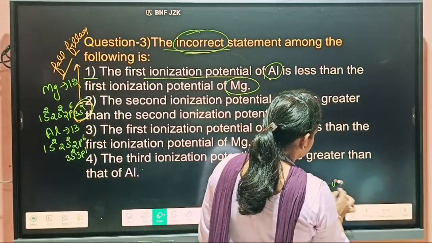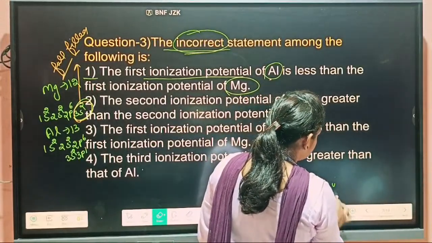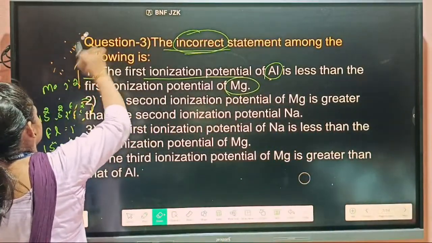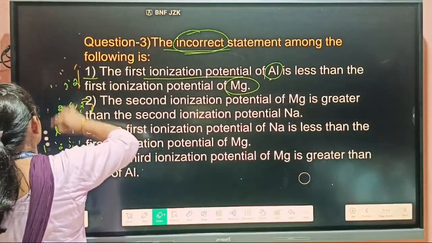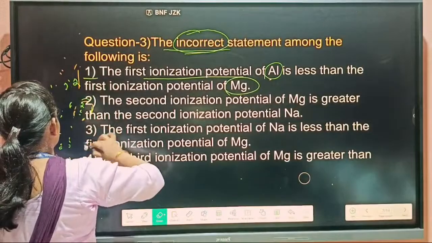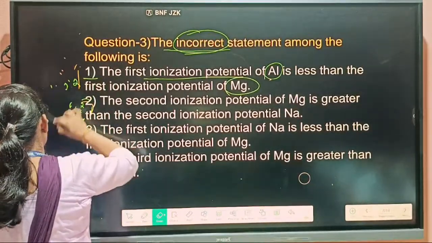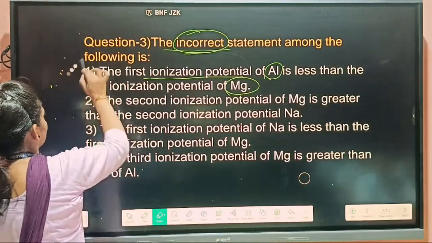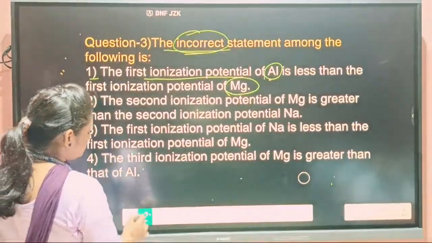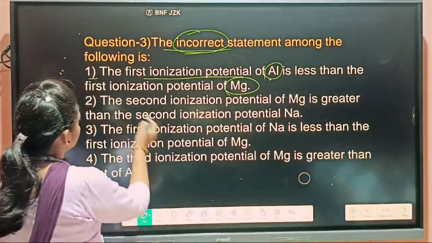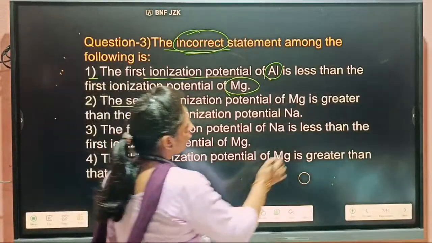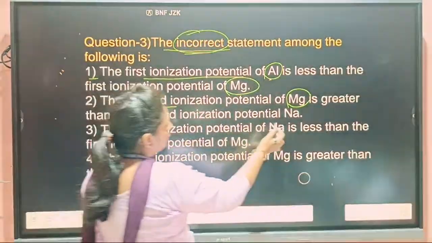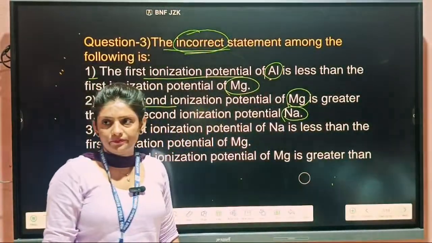read the second statement. What is the statement? We will see. Students, here the second statement is: the second ionization potential of magnesium is greater than the second ionization potential of sodium.